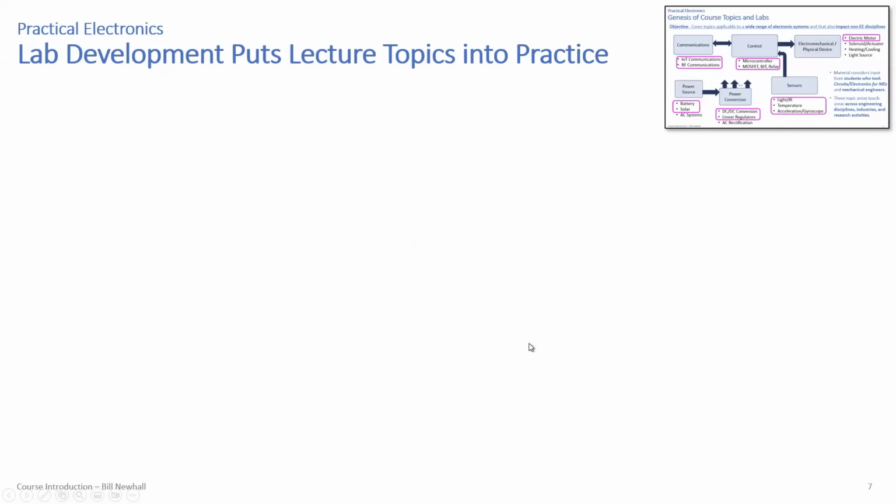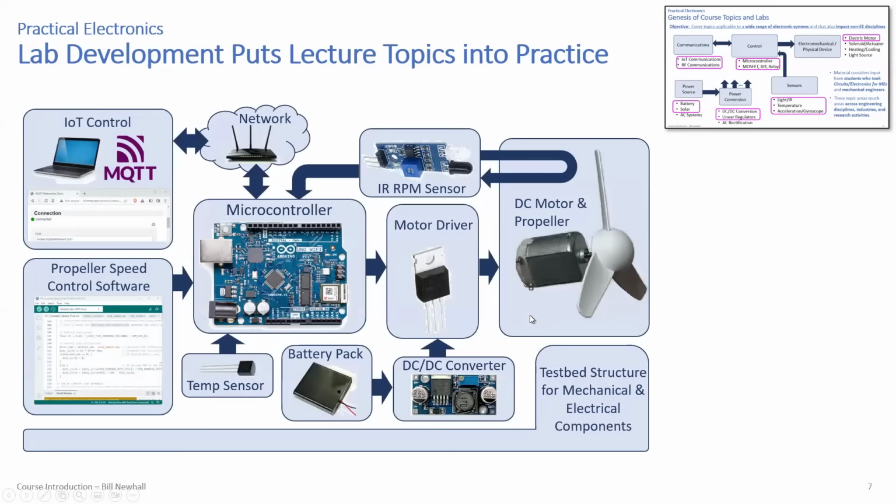Okay, so the labs are meant to put the lecture material into practice. So here is a cartoon of your project. It has all of these sub-circuits, subsystems: power, microcontroller, a motor driver, infrared RPM sensor. It's connected to a network over Wi-Fi.